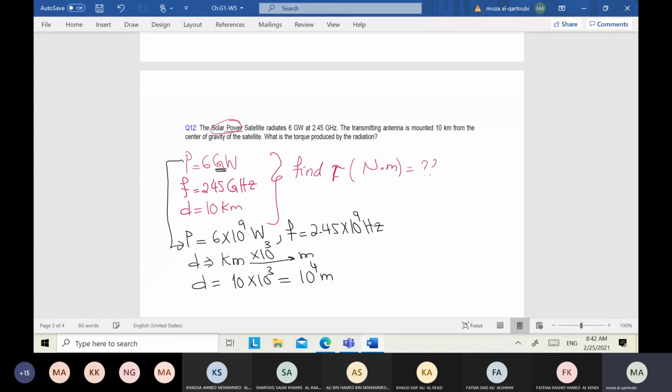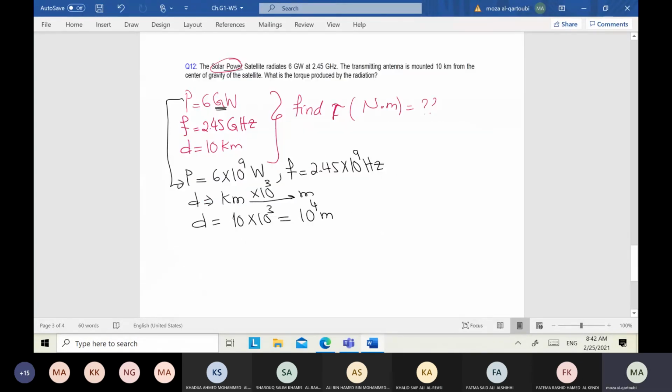Now all units are standard: power in watt, frequency in hertz, and distance in meter.